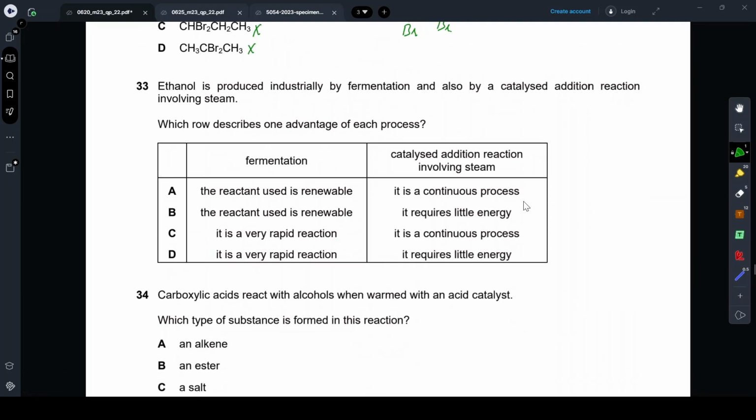Ethanol is produced industrially by fermentation and also by a catalyzed addition reaction involving steam.